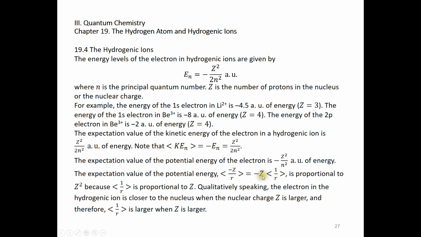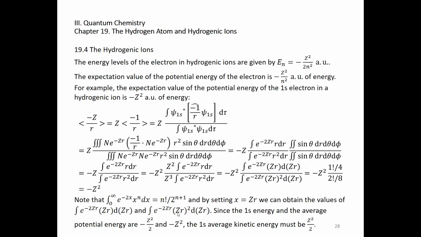And this whole thing is proportional to Z squared because the expectation value of 1 over r is proportional to Z, the number of charges in the nucleus. Qualitatively speaking, the electron in the hydrogenic ion is closer to the nucleus when the nuclear charge is larger, and therefore the expectation value of 1 over r is larger when Z is larger.